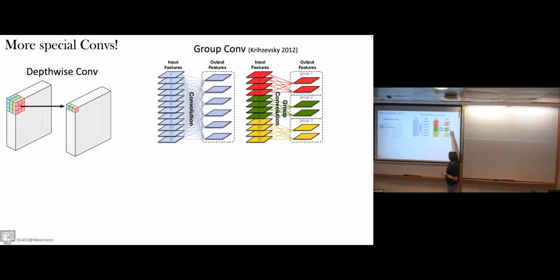So if the output size is 6 channels and the input size is 12 channels, you can save on parameters by saying that this yellow filter here is only seeing this group. It's the same as if you chop it in the channel dimension, apply a different layer to each group of channels separately, and then concatenate again.